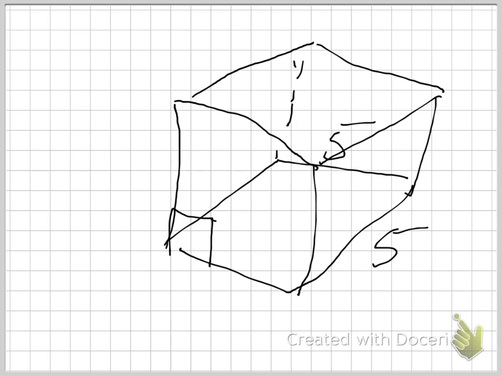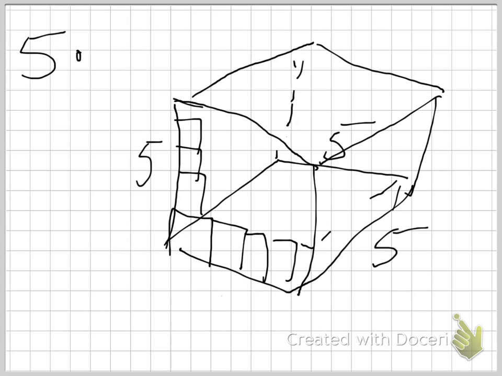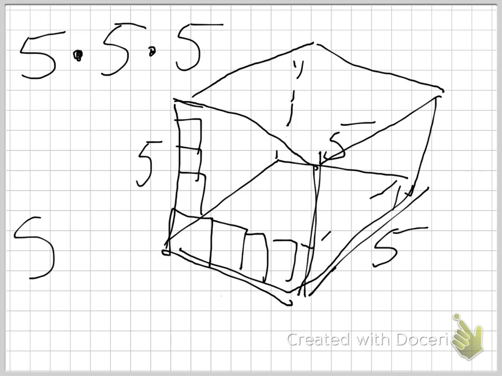You have 5 squares along each edge, right? Then you have a stack of them 5 high. So it ends up being 5 times 5 times 5. So when you take any number and you put it as the length of a cube, the width of a cube, and the height of the cube, that's the same thing as 5 to the third power.